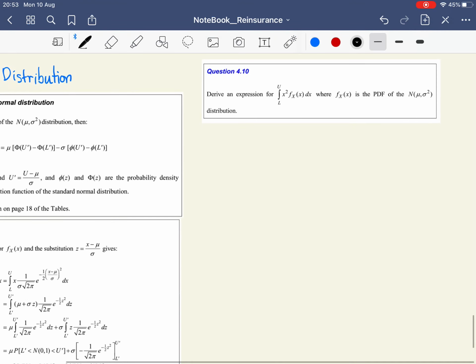So let's see. Here they ask us to find the formula for the expression of x squared f(x), okay? So let's see what we have.